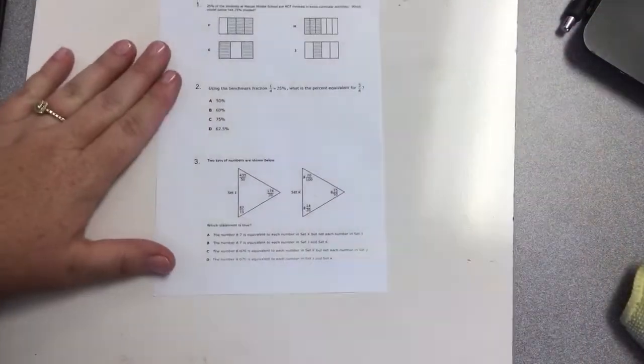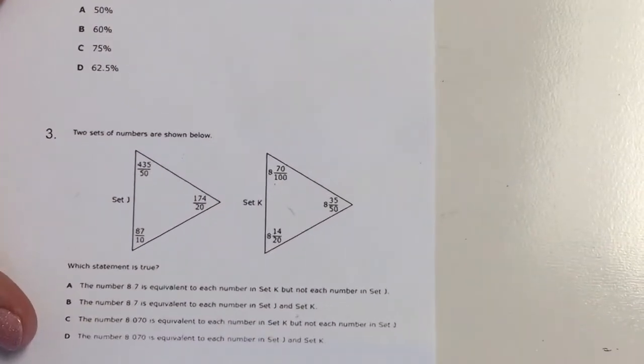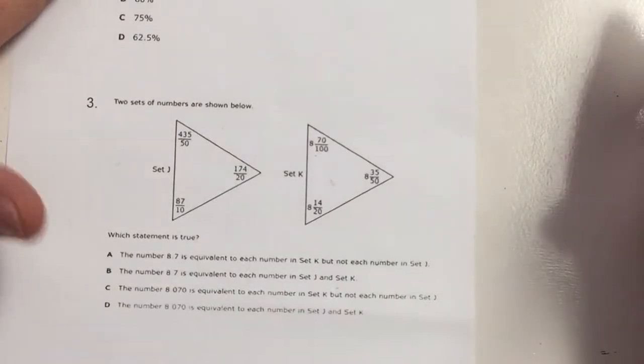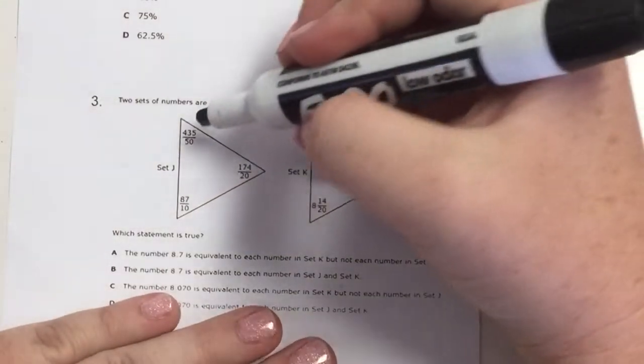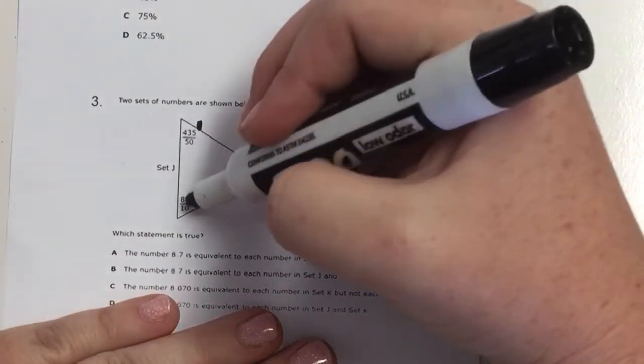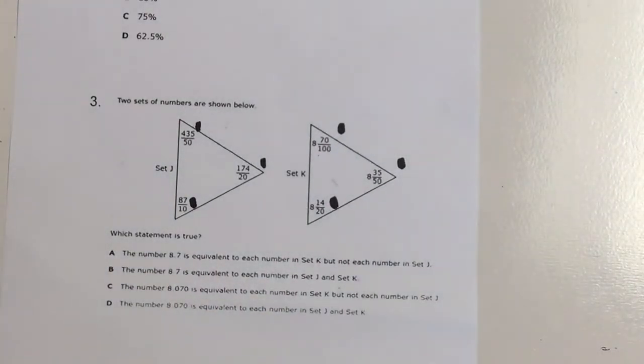Then number 3 says, this is a tough one, guys. It says 2 sets of numbers are shown below. Which statement is true? You are going to have to go to each little piece and change it to a decimal, because if you look at the answer choices, they are all in decimal form.